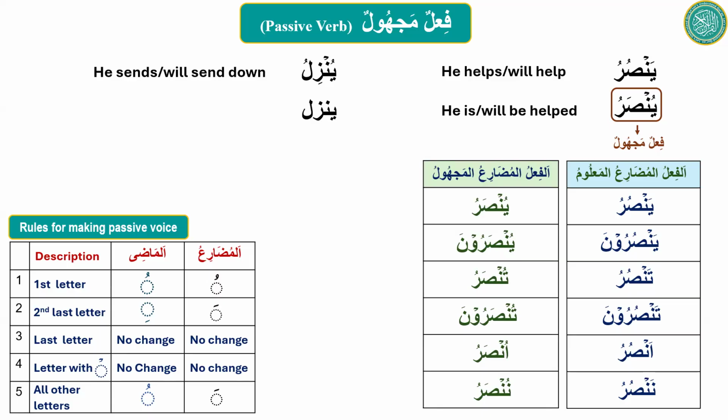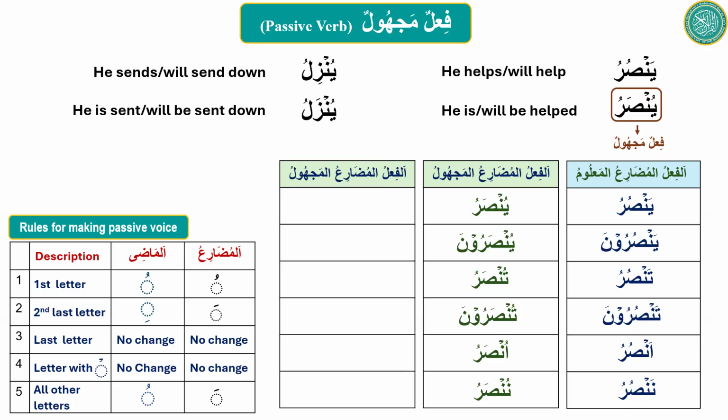So the first letter gets a dhamma, the second last letter which is a za gets a fatha, and the last letter no change, and the letter with the jazm no change. So yunzalu is the passive voice, or you can say fail majhul. And once you know the first one, you can make the remaining ones. Yunzalu, yunzaluna, tunzalu, tunzaluna, unzalu, nunzalu.